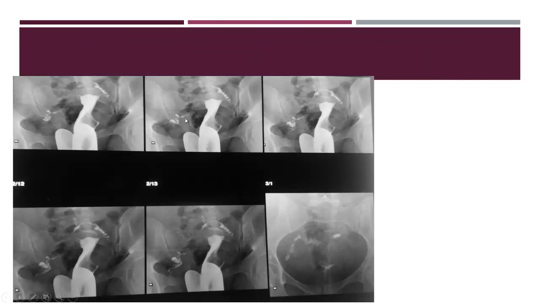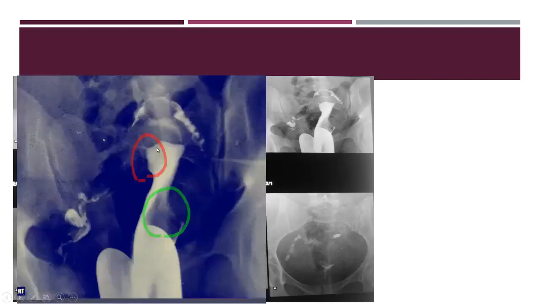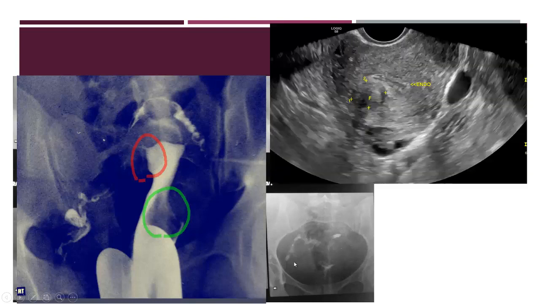Here again, it is a distorted uterine contour. We have a filling defect here in the cervicocorporeal junction, and we have another filling defect here in the right uterine cornu. Two filling defects with distorted contour and a relatively large uterine cavity, we should think of fibroids. Here, this is the right cornual defect, and this is the cervicocorporeal defect.